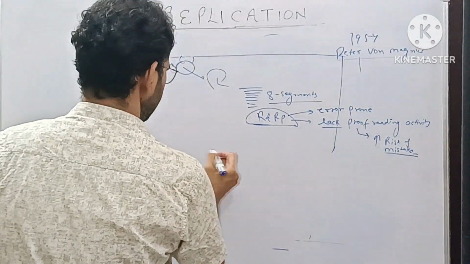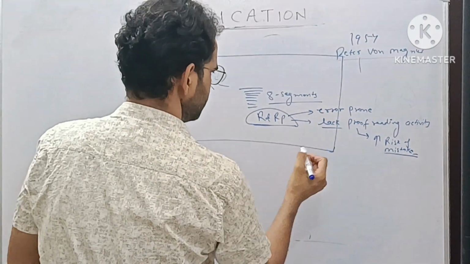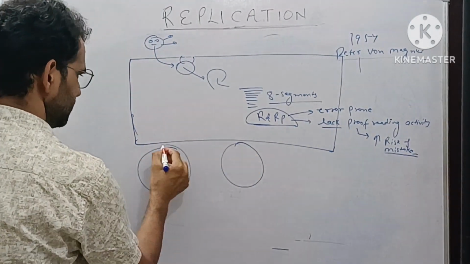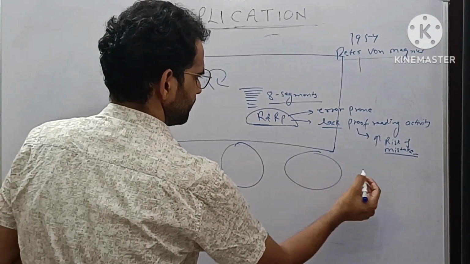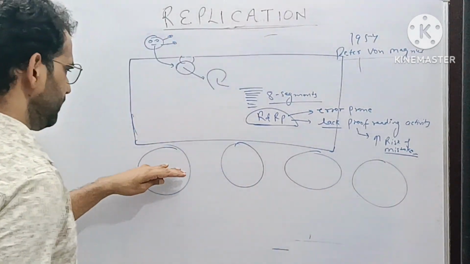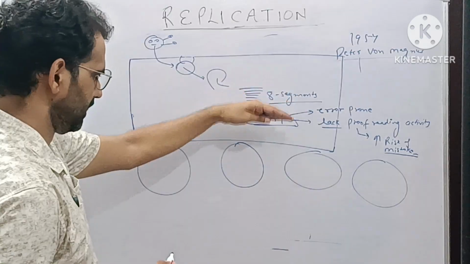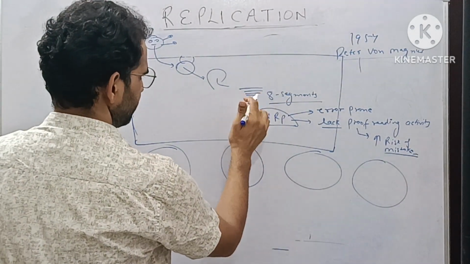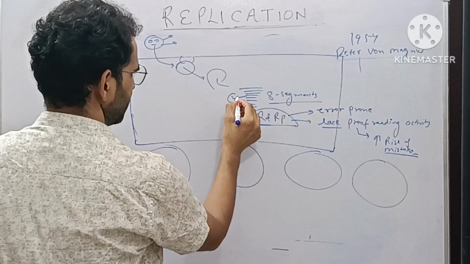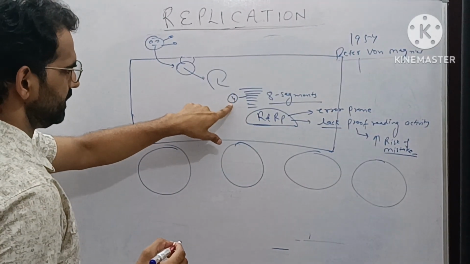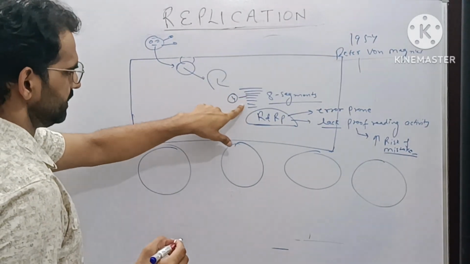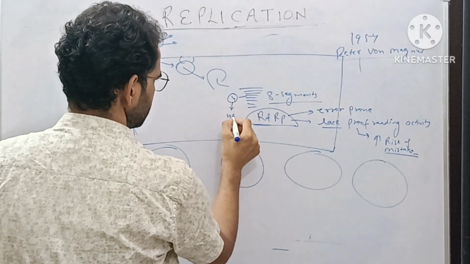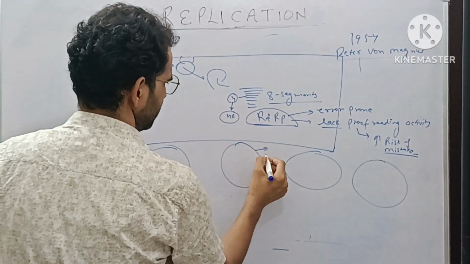For example, these are 4 progeny viruses which are coming out of the cell. In this virus, segment number 4 is replicated more number of times, and this segment 4 encodes hemagglutinin.